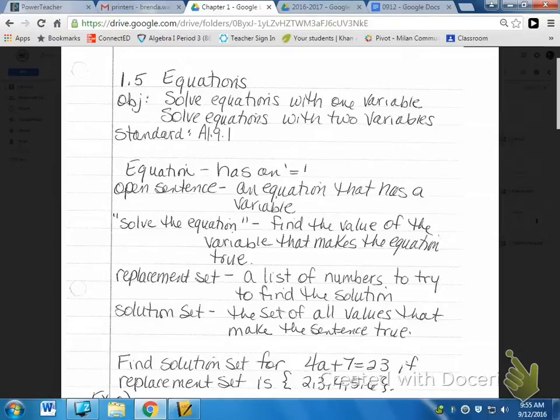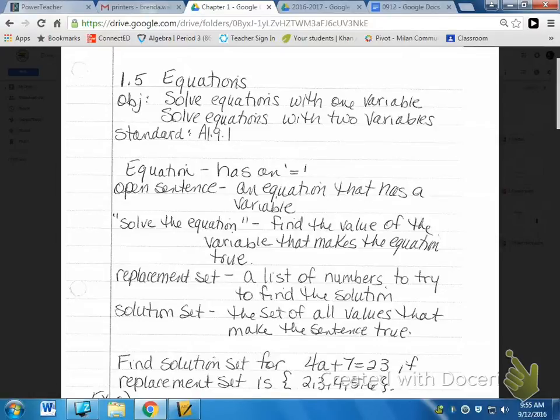So equation, by definition, has an equal sign. It's just not an expression anymore. It's actually an equation. It's called an open sentence when it's an equation that has a variable. It's open because it's not completely solved. There's still a variable involved.